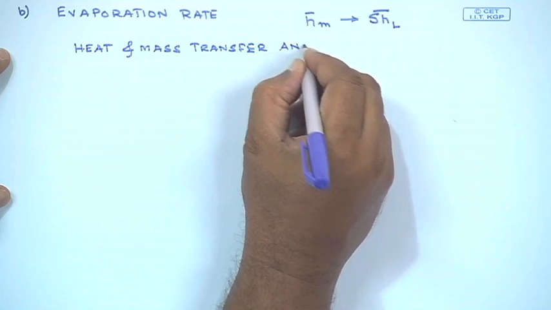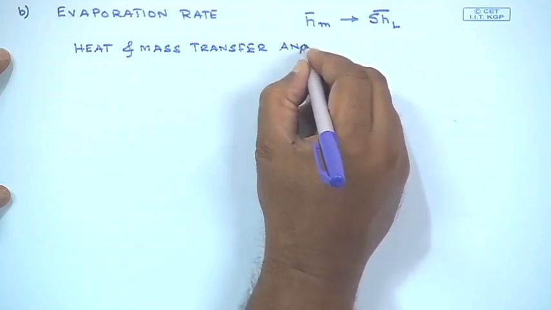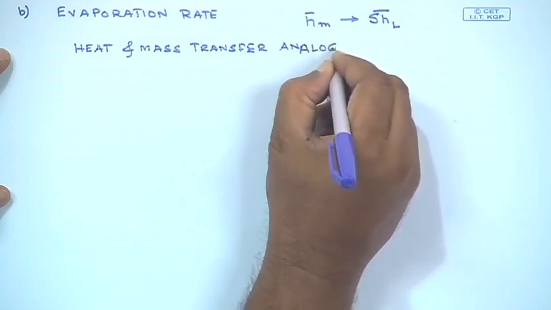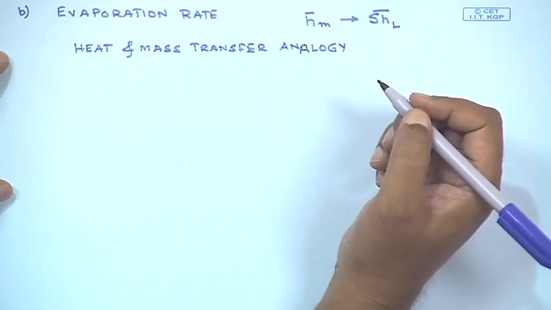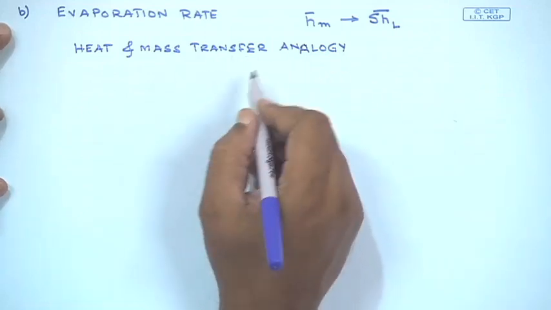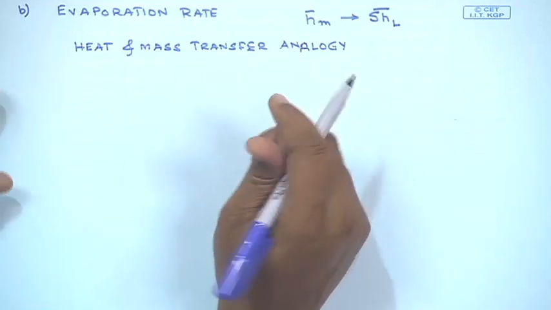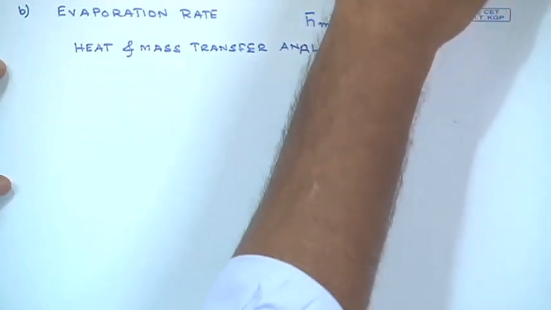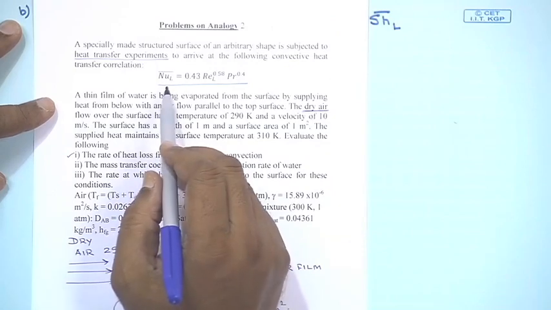and I realize that due to heat and mass transfer analogy, the relations, the expressions of Nusselt number and the expressions of Sherwood number are interchangeable.